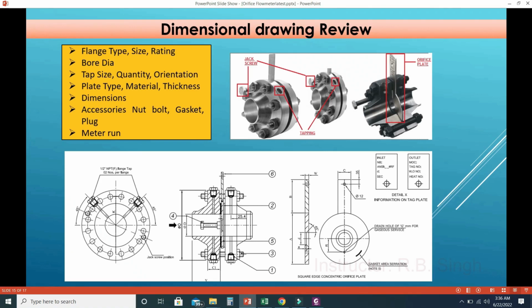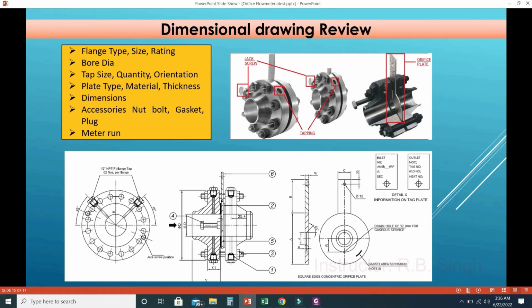Again the plate type, material, thickness. They will mention the thickness, material and size also. We need to check whether they have wrongly provided a bigger size than the pipe or not, or it is okay. These kinds of things we have to check.